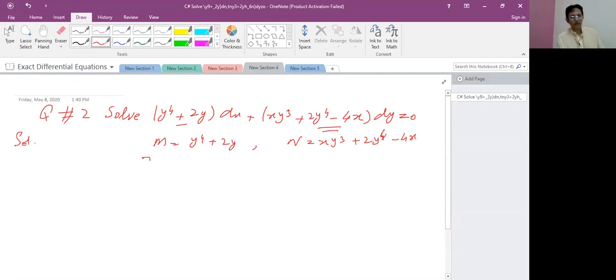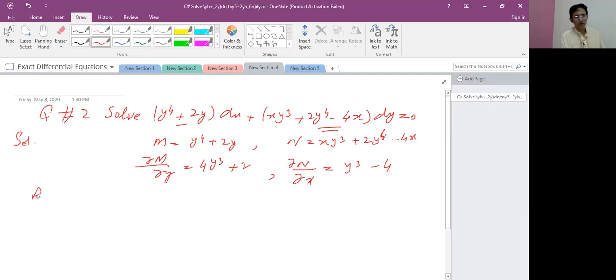So we find the partial derivative of m with respect to y, which is 4 times y cube plus 2, and the partial derivative of n with respect to x, which is y cube minus 4. So we are applying rule number 2, I think.